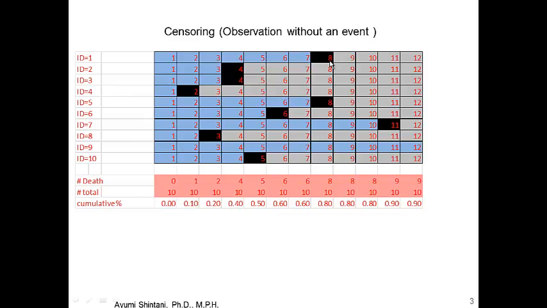And as you see, 9 patients experienced the outcome event, which is death, and 1 patient was observed without an event. The special technical term we use for a person observed without an event is censored. So we can say the ID number 9 person was censored at the study end.